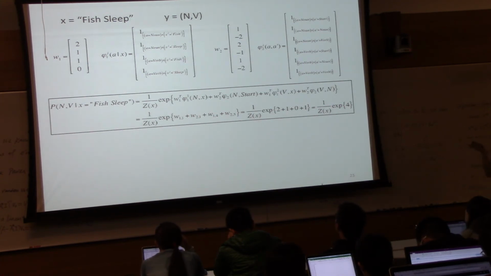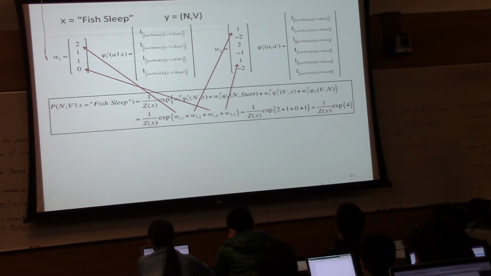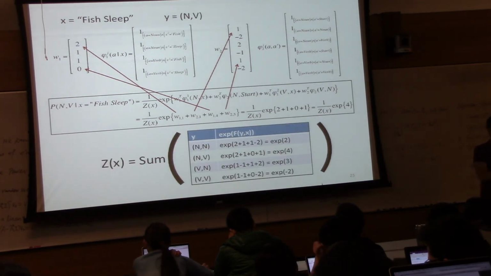The exact same computation. These are the components of the model that get activated by this feature vector, and the rest are zeroed out. Everything's exactly the same, just a different notation.